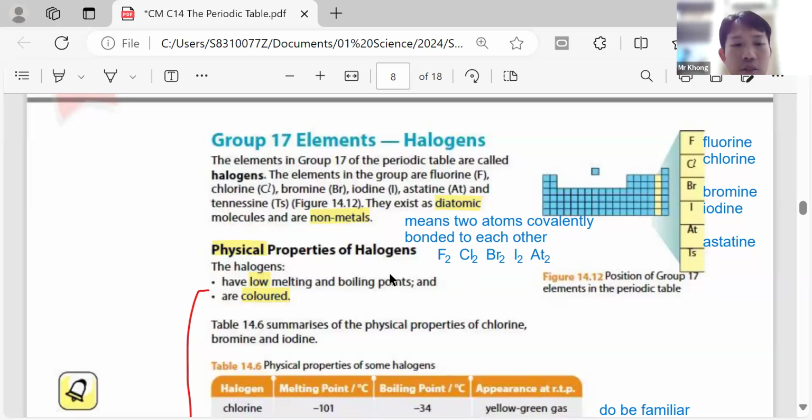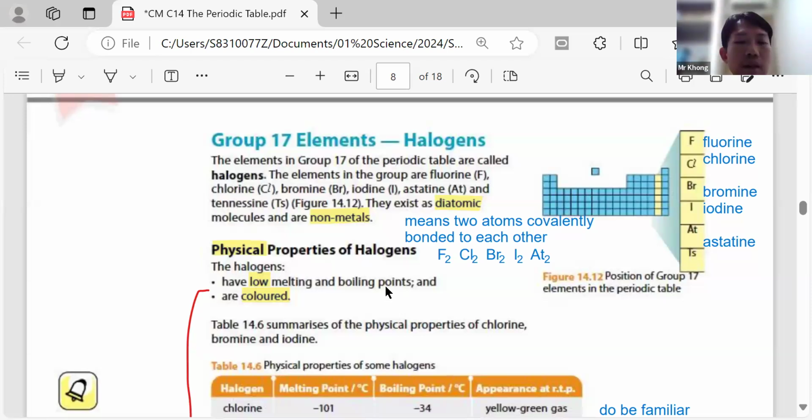And all these halogens have a certain set of properties. So two main physical properties that all halogens have are, number one, they have low melting points as well as boiling points. And number two, they are all colored. And these two properties eventually give rise to a series of trends.